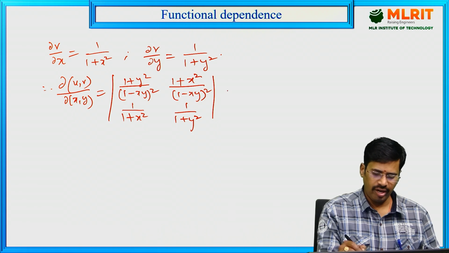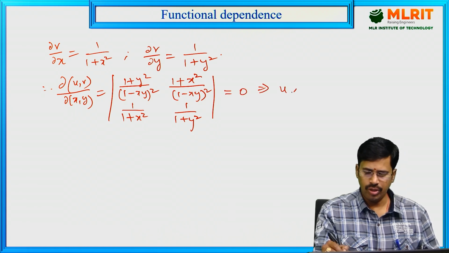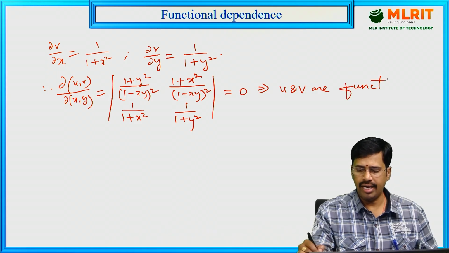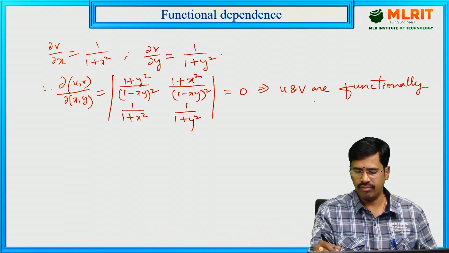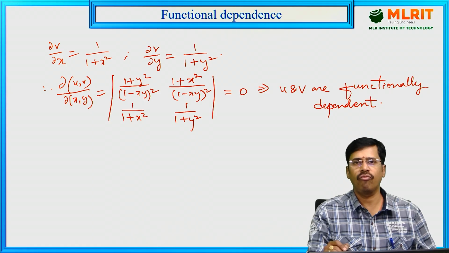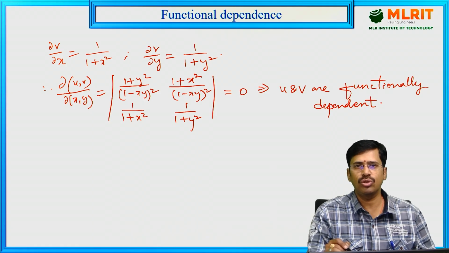If you find this Jacobian, it will be 0. That means u and v are functionally dependent, meaning one function depends on the other. Since these two are functionally dependent, we can find the relation between these two functions.